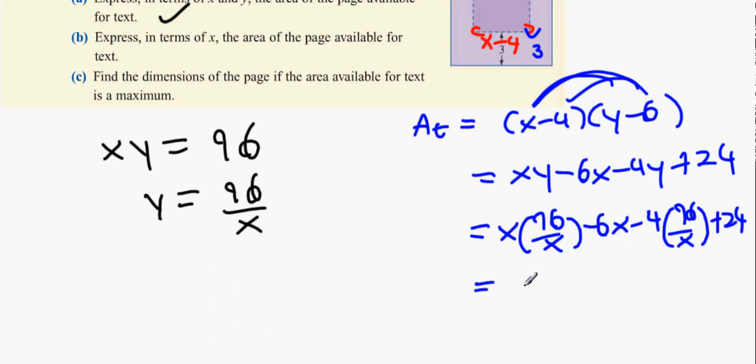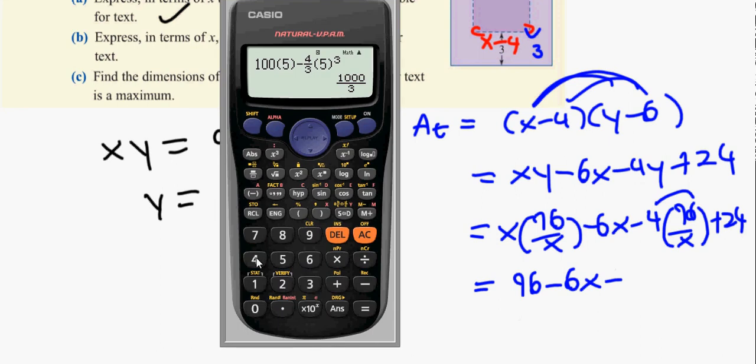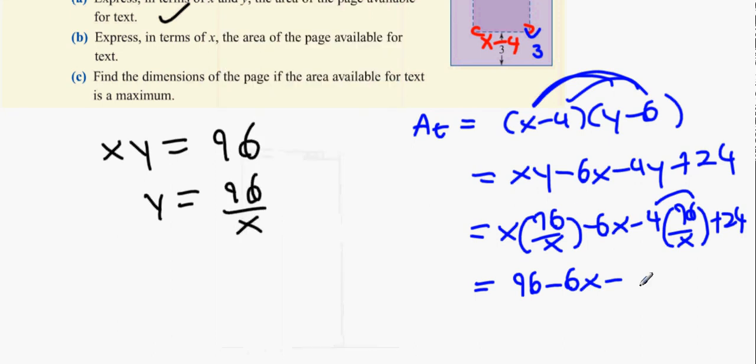And what we're going to get is 96 minus 6x. 4 times 96 is going to be 384, so minus 384 all over x, and then plus 24.